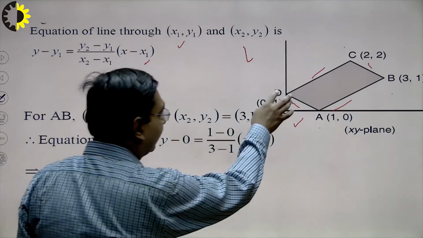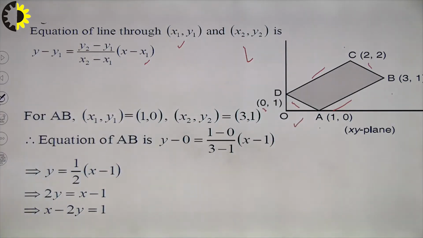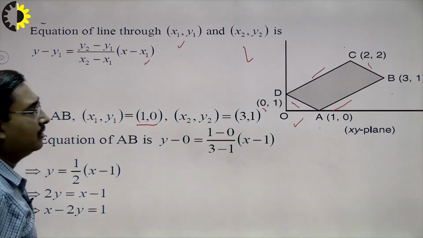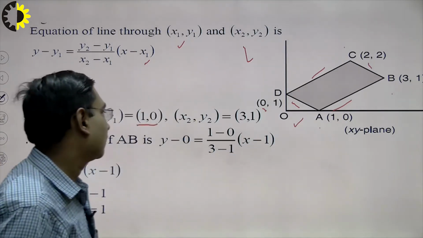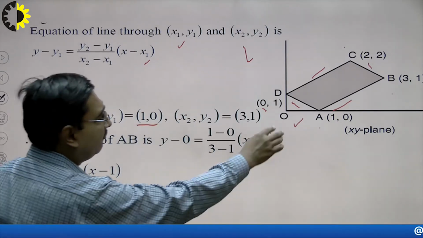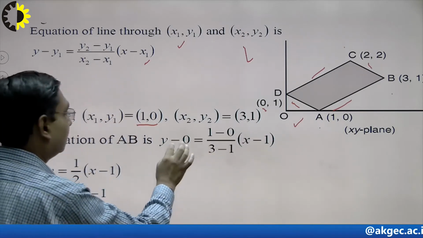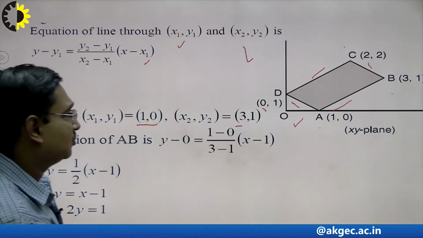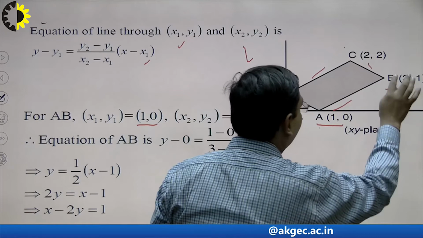For this line AB, (x1, y1) will be A, that is (1, 0), and (x2, y2) will be (3, 1). I am working with this line AB.